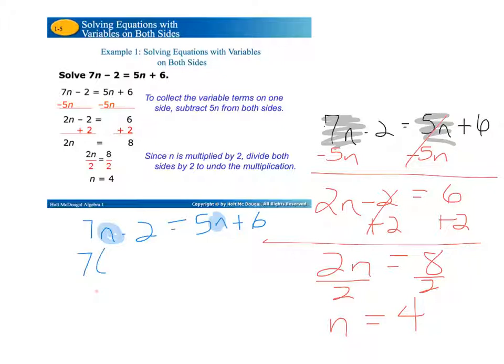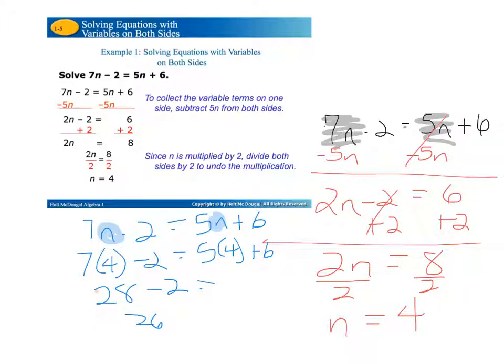So 7 times 4 minus 2, and then I'll put 5 times 4 plus 6. 7 times 4 is 28 minus 2 is 26.